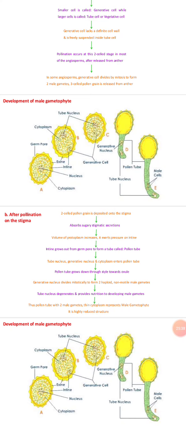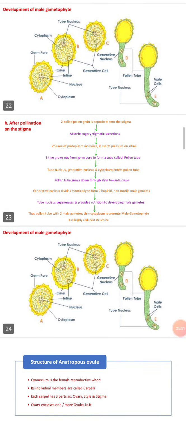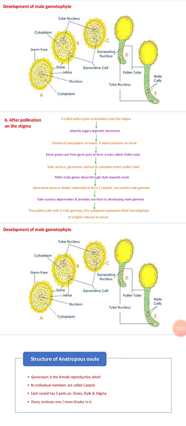Okay, so let us see how exactly the changes take place in the pollen grain, the male gametophyte, after pollination. The two-celled pollen grain structure is deposited on the stigma region of the gynoecium by different pollinating agencies, maybe biotic, maybe abiotic.